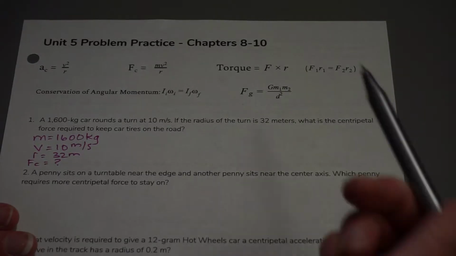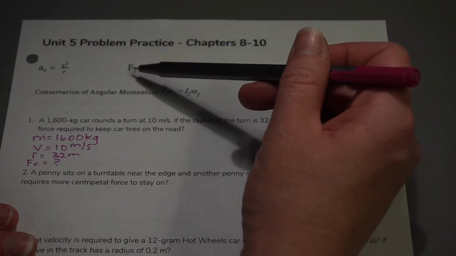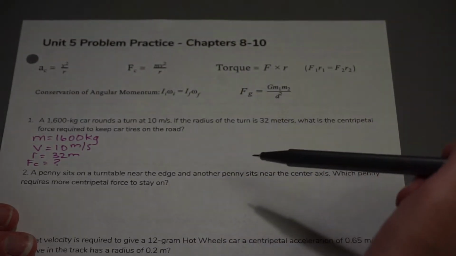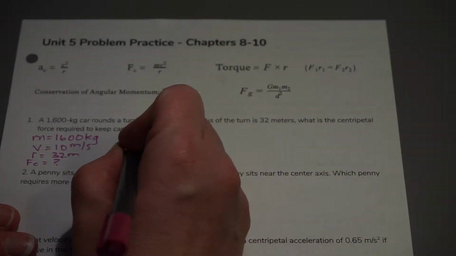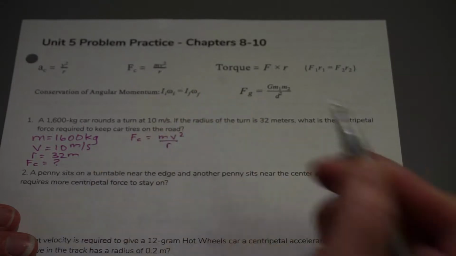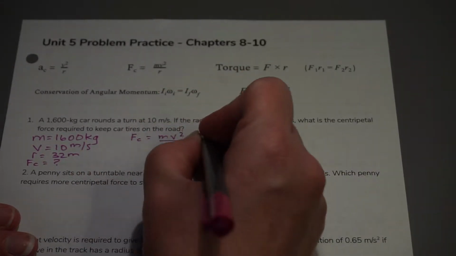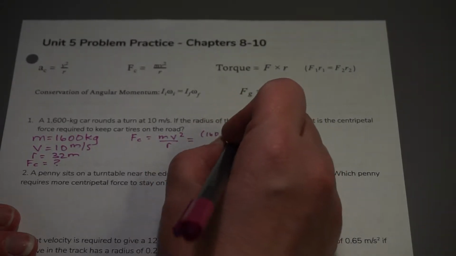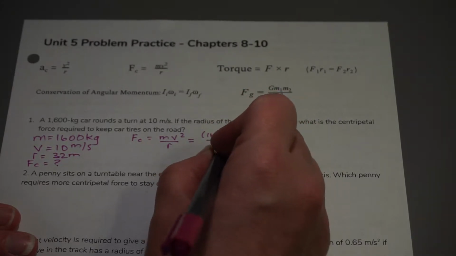Once you have your givens labeled, you can look at your equation and find it. It's the one with the centripetal force in it, so it's pretty easy. Even though we have a lot of equations, it's usually pretty easy to pick out which one to use. So our equation is Fc equals mv squared over r. We're looking for Fc, so we can just plug in our m and our v and the r.